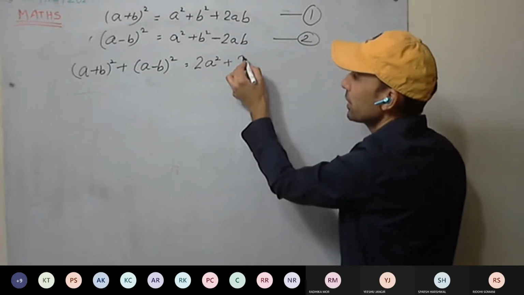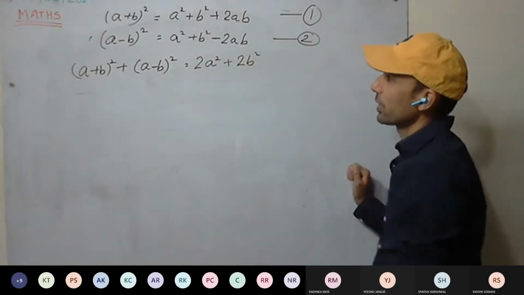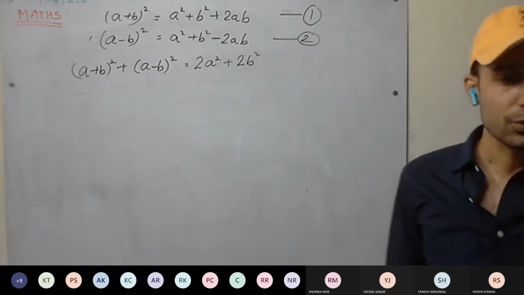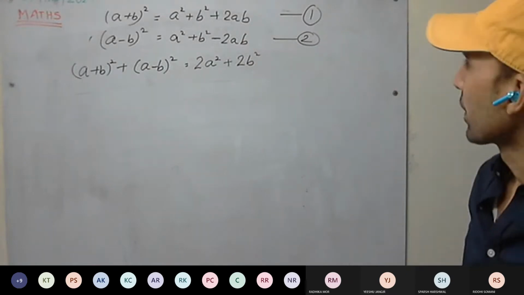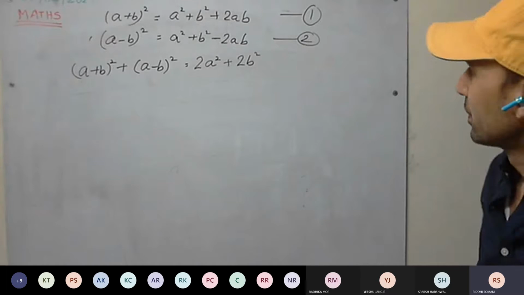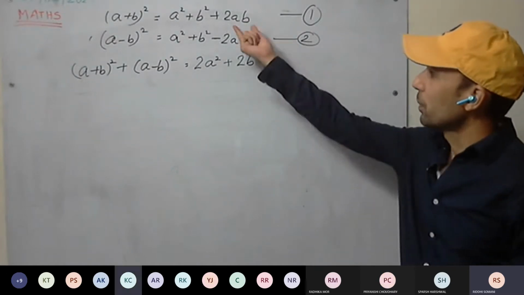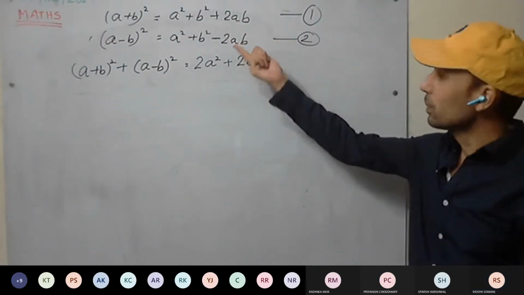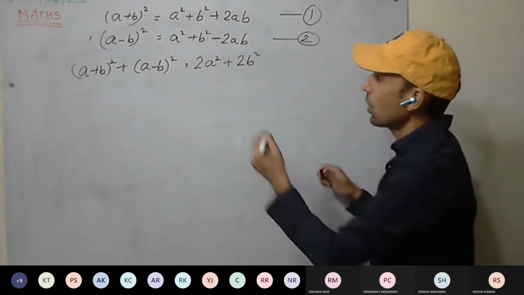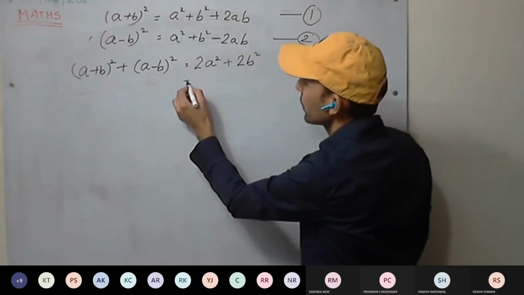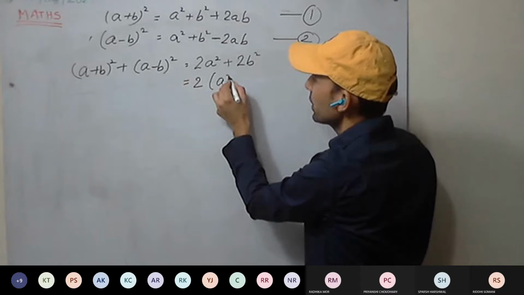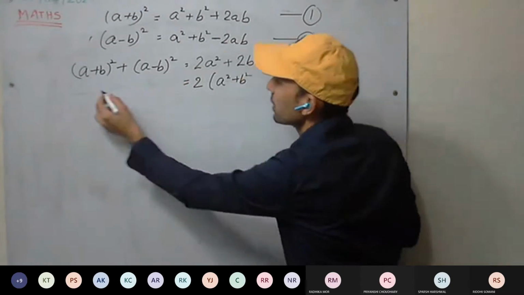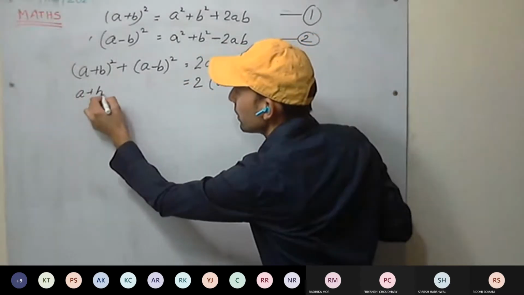B square plus B square, 2B square. What about plus 2AB minus 2AB? 0. So we are getting, or we can rewrite it as equal to 2, we can take common, A square plus B square. Understood this one?